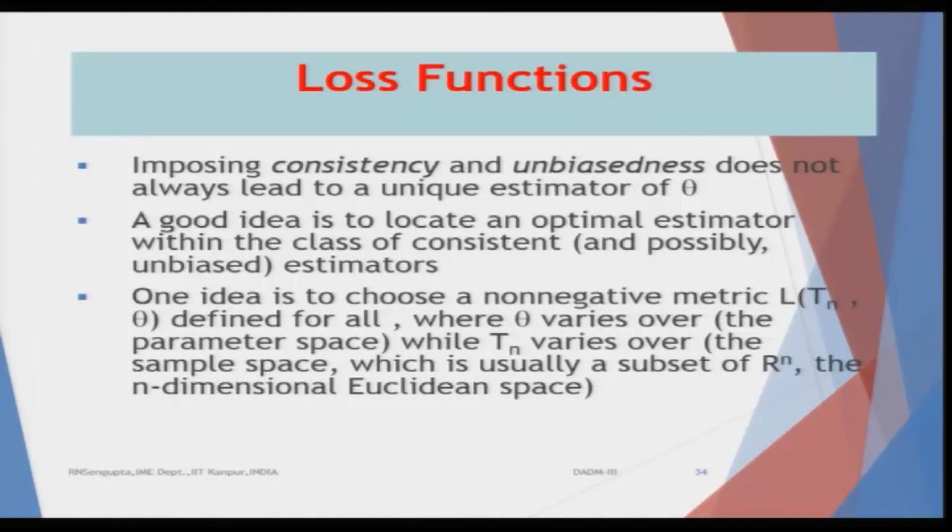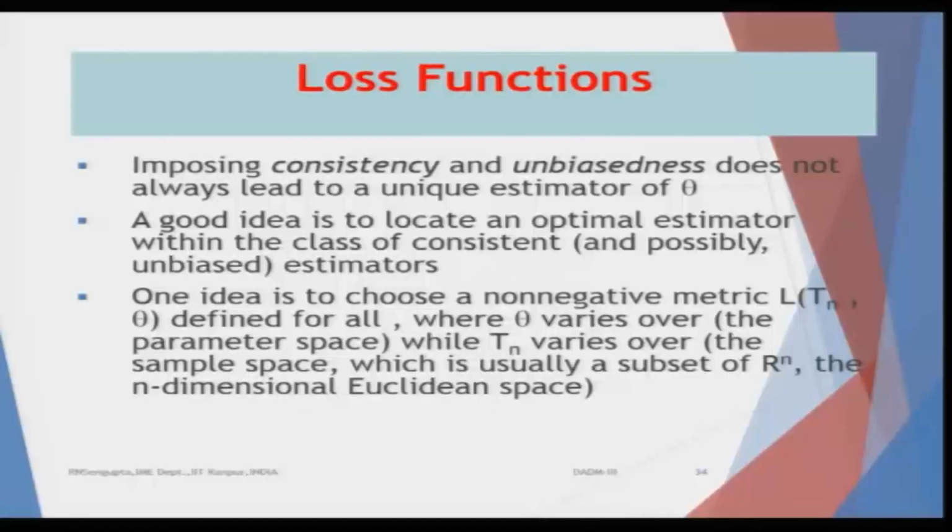So the number of observations n is very important for us. As you increase n, obviously in the long run the statistic should be as close as possible to the parameter value. In the case of Euclidean space it would be of dimension n.